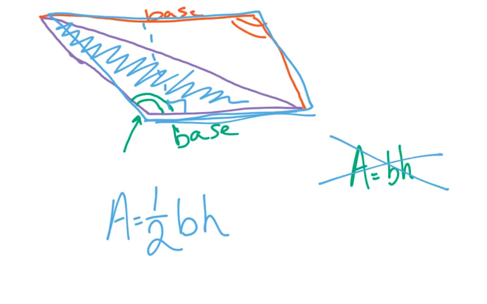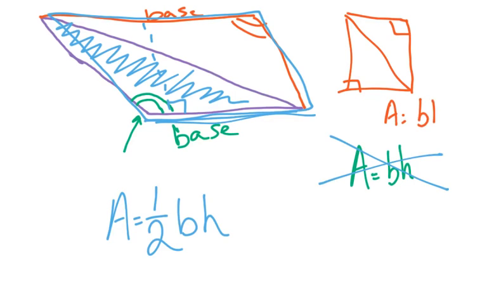Because if I have, let's say, this right triangle right here, and I add another exact same right triangle right there, now I've made myself a rectangle. Well, the area formula for a rectangle is base times height, but I only want half of that shape. The area formula for that triangle is half of whatever the base times the height would be for that whole rectangle. Let's give it a go.